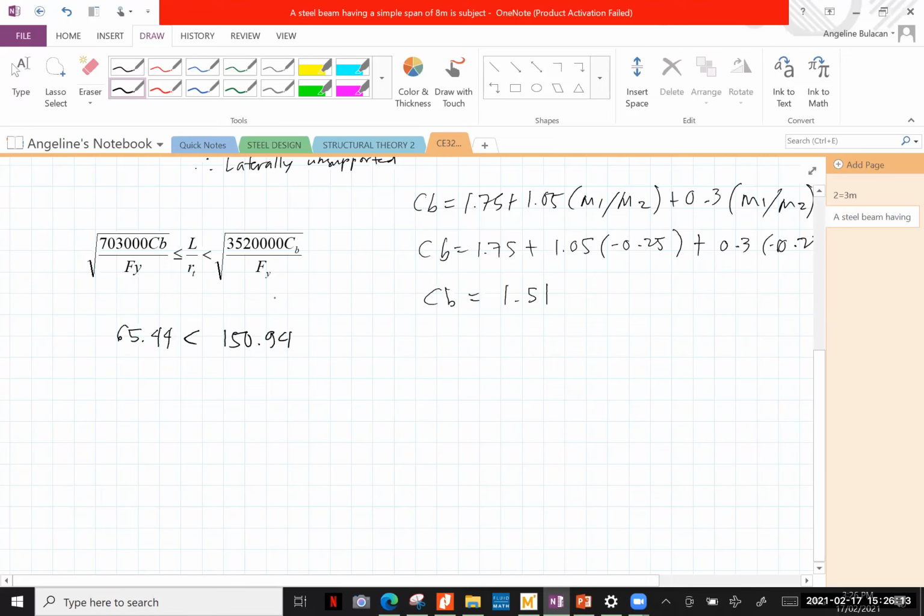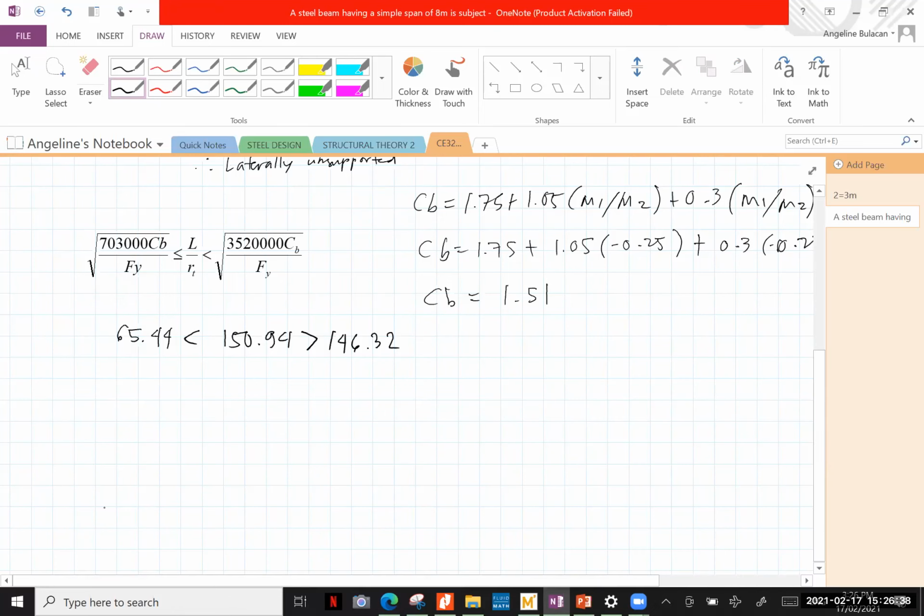Ang lalabas is 3520 square root CB 1.51 over FY. Sorry, ang lalabas is 146.32. So, greater than siya. Greater than, no? So, this is case 2 ang gagamitin natin na equation.